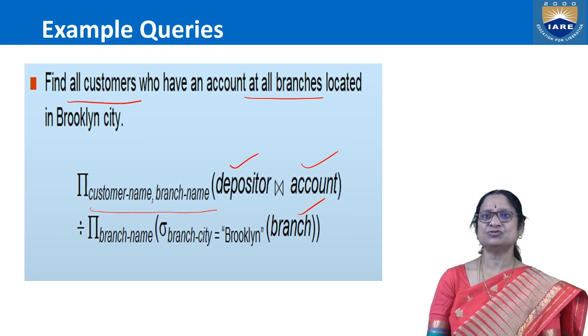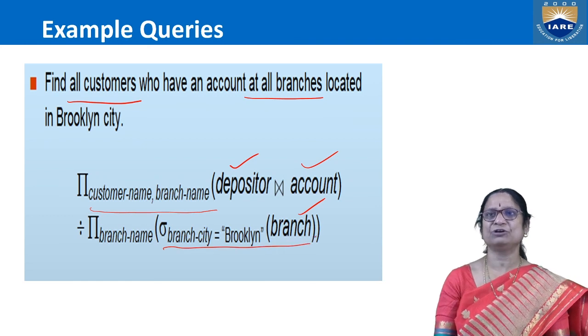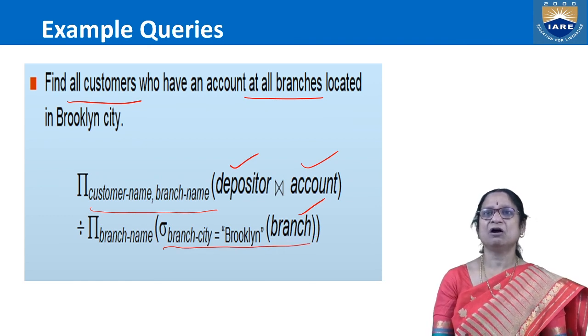Then what am I supposed to know? Whether this particular customer has an account in each branch, all branches, that too Brooklyn City branches. So sigma branch city equal to Brooklyn of branch will give all branches of Brooklyn City.